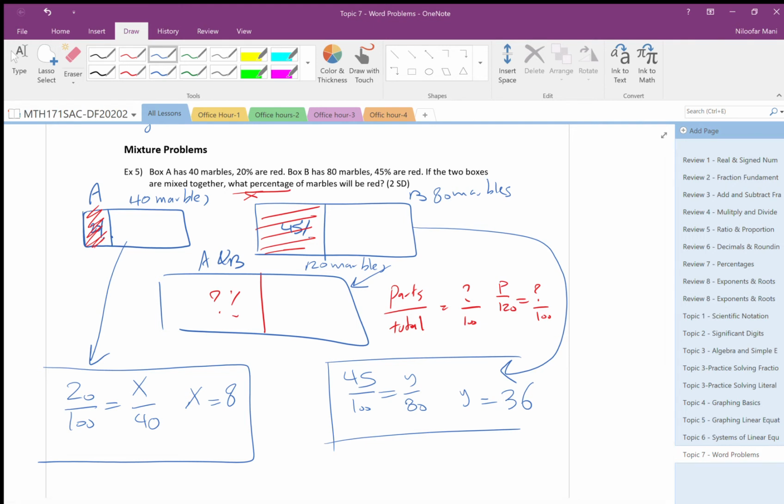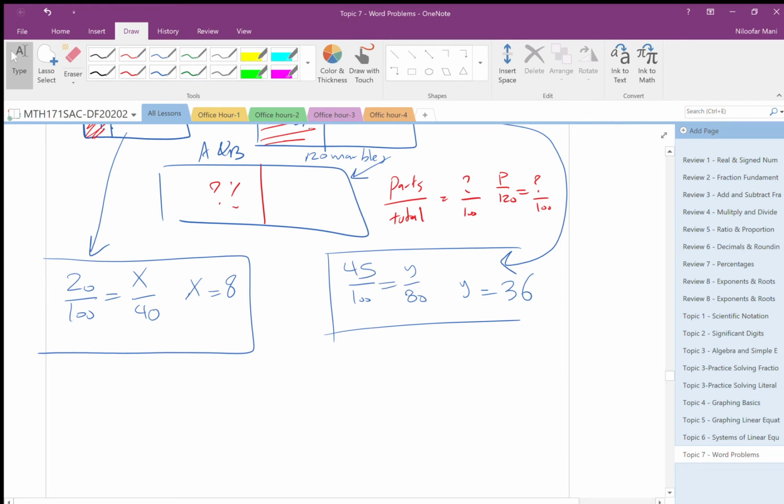How do I know part? I need to find part from first and second and add them. So I would say 8 plus 36 over 120, how many over 100? I'm looking for percentage.